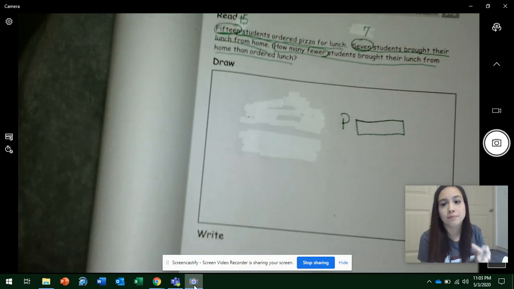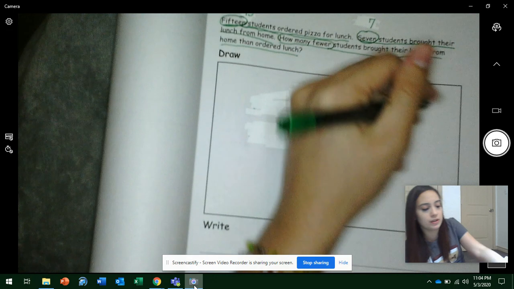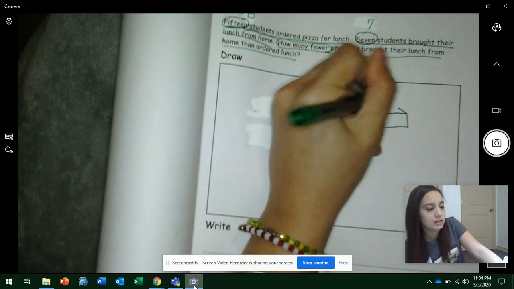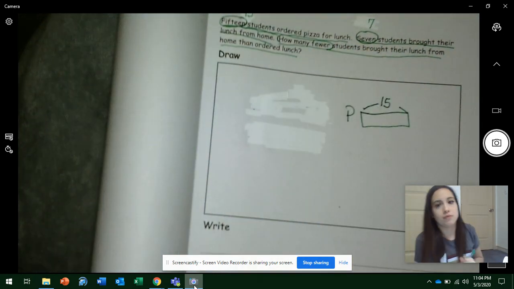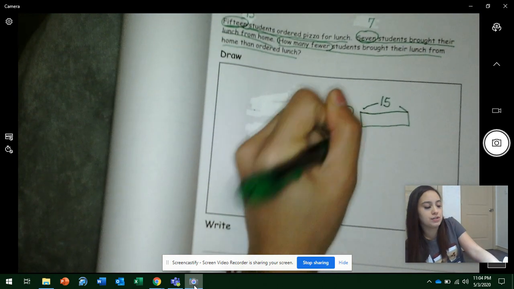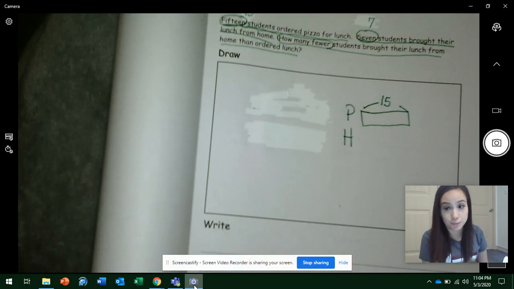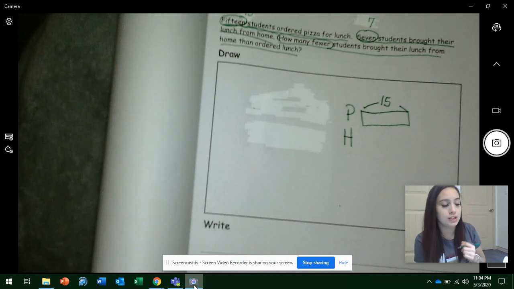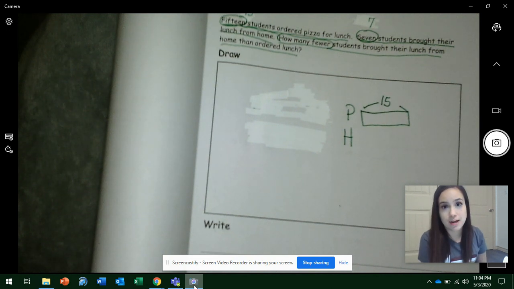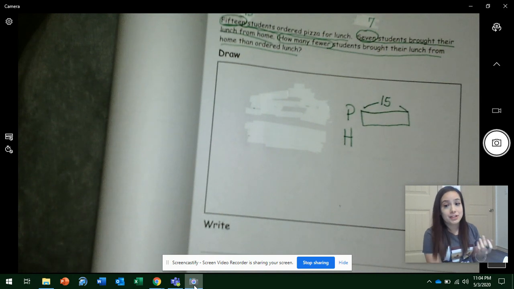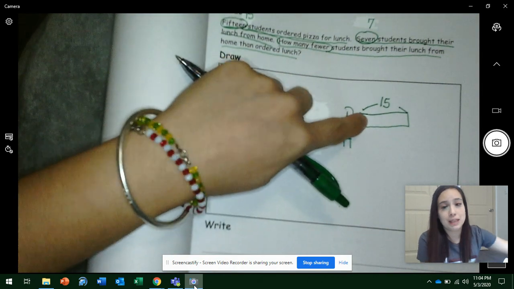Get ready. 15, right? So that's what we're going to put because it's the total number of students that ordered pizza. Now we're going to put an H for the students who brought lunch from home. How many students brought lunch from home? Get ready. 7. So that means that our tape diagram is not going to be the same size.